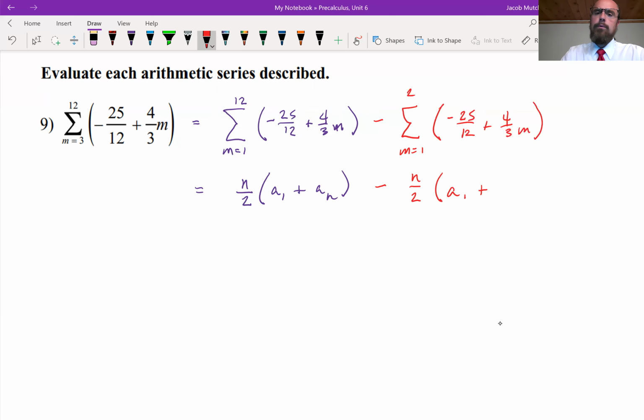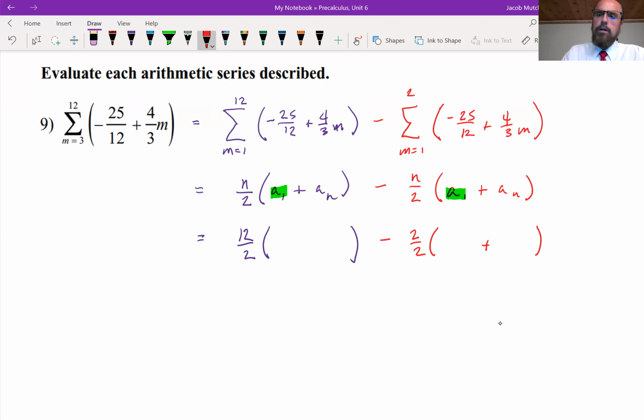Now the parts that they will have in common are the first term, a sub 1. The other pieces will vary according to the sigma notation. So for this first one, if we're going to set it up, I'm going to put my n value as 12 over 2. I can set up the second one as well, minus this one, the n value is going to be 2 over 2.